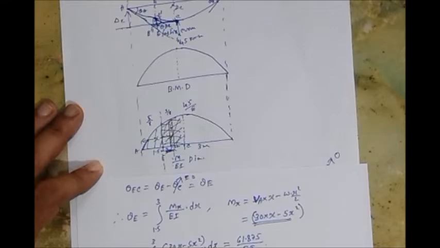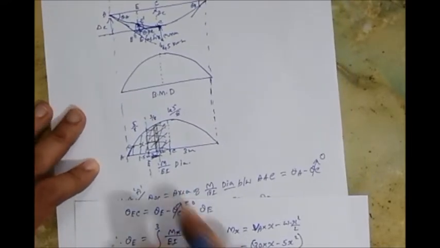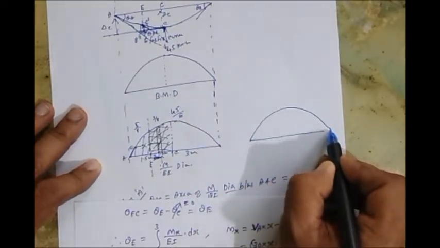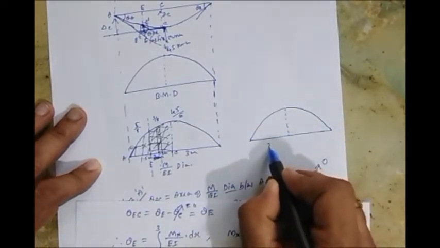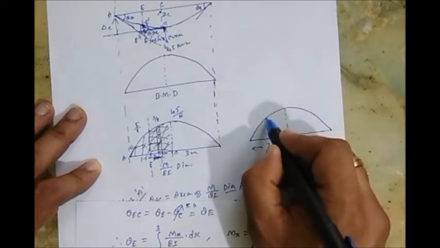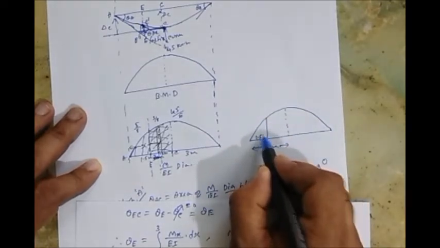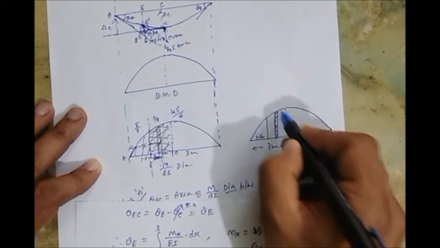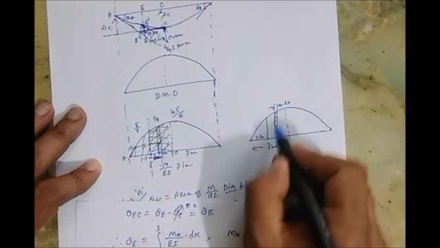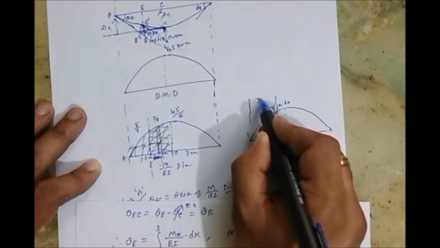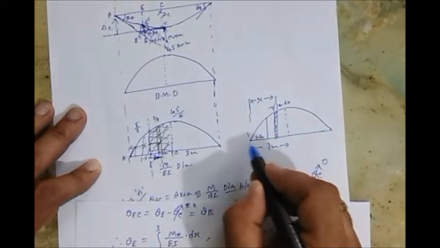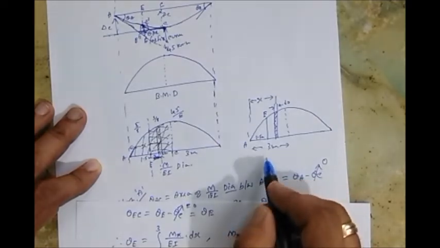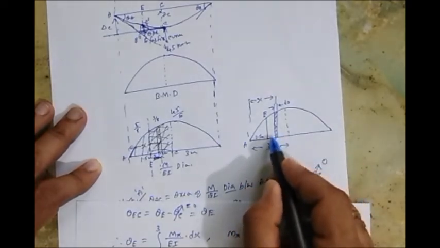Well, the value of x, let me explain by redrawing this diagram once again. So this is the parabola and this is the center part, 3 meters. And this is the region I'm looking at, 1.5 meters. If you take a strip here, the strip width is dx. This is at a distance x from A. Where you want the moment, you have to take the moment about E. So what is the value of x here, in the moment about E?